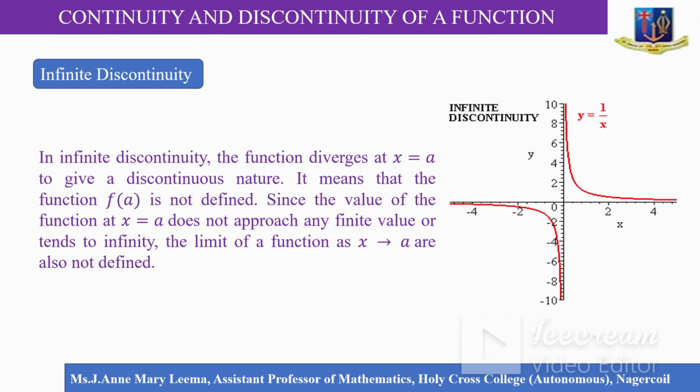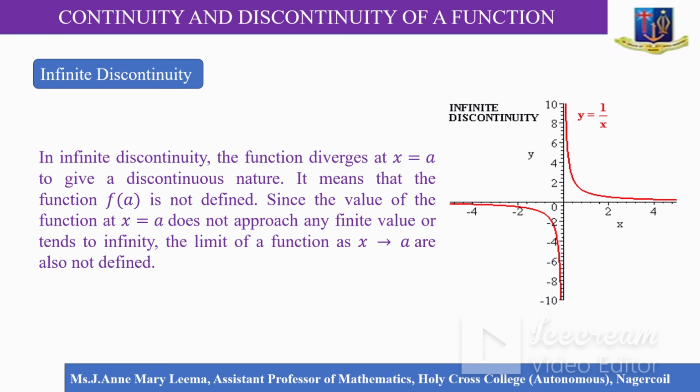Next, let's see infinite discontinuity. In infinite discontinuity, the function diverges at x is equal to a to give a discontinuous nature. It means that the function f of a is not defined.